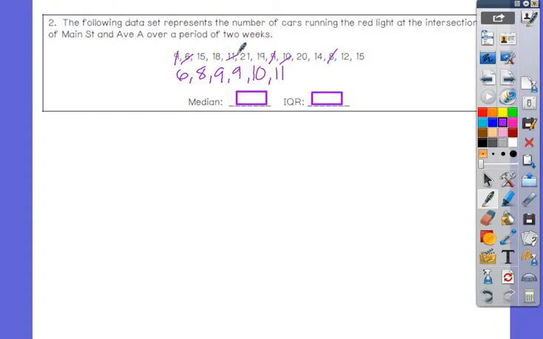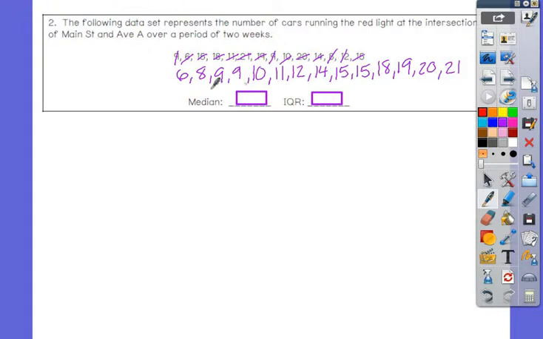Then I have an 11, a 12, no 13s, there's a 14, two sets of 15, and looks like I have 18, 19, 20, and 21. Okay, there's all my numbers.